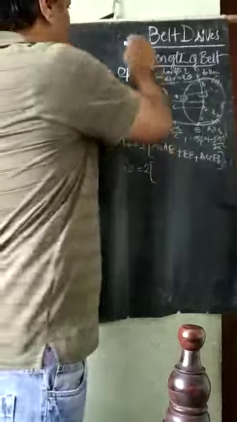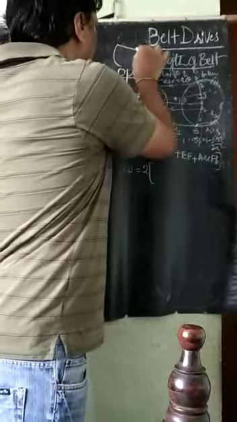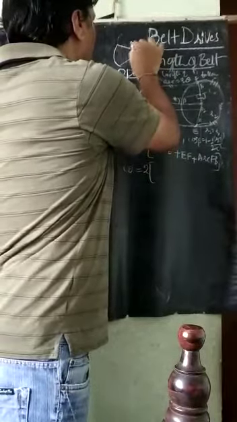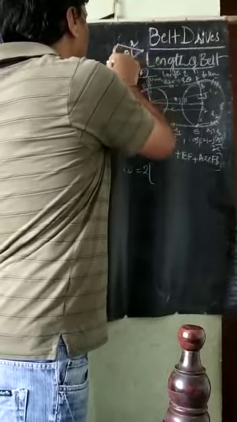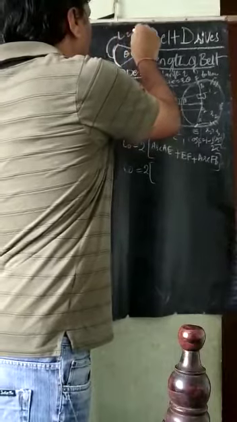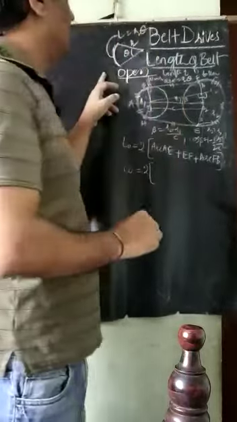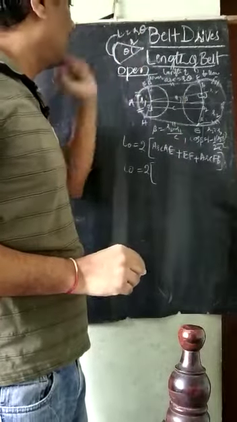Here the arc is there, and this is the radius R, and this is theta. The total length L is equal to R into theta, where theta is the subtended angle and R the radius.